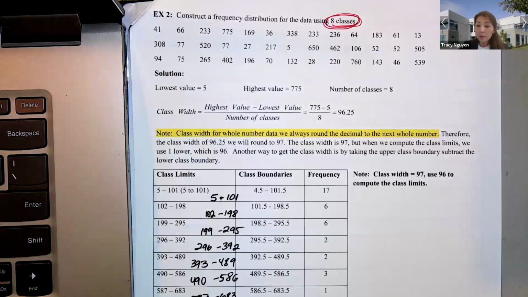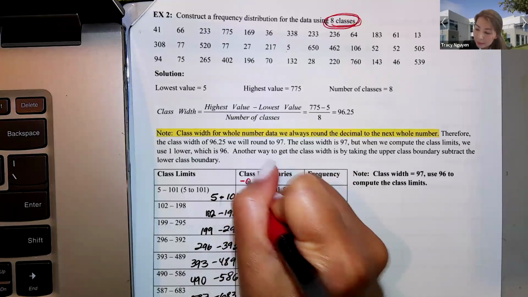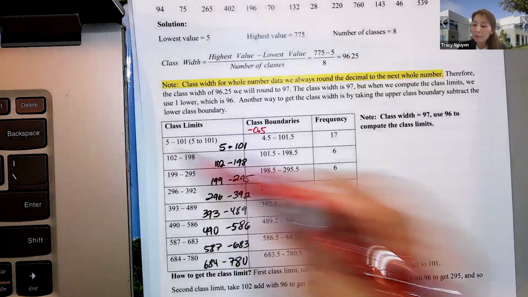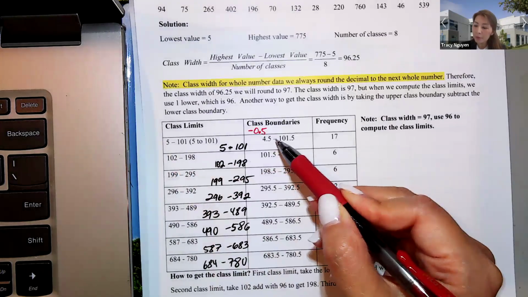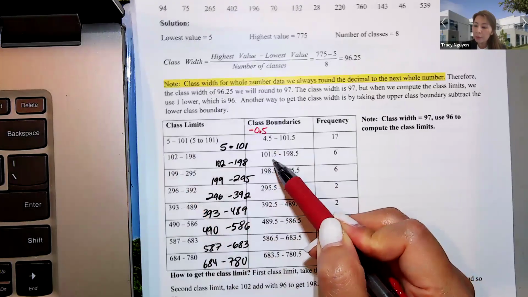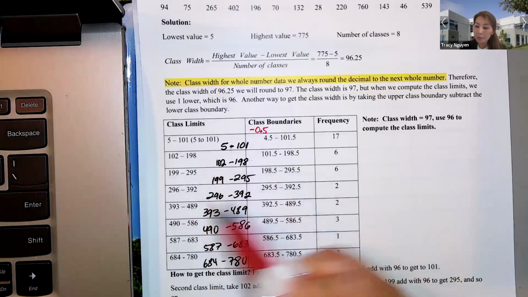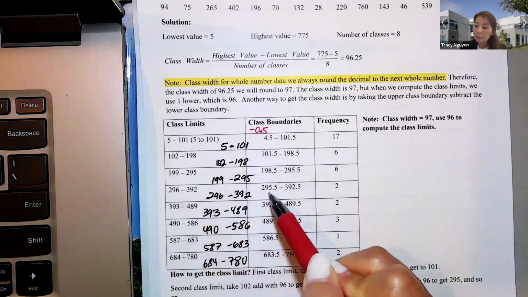So if you take 5 minus 0.5, you get 4.5. 102 minus 0.5, you get 101.5. 199 minus 0.5, you get 198.5. 296 minus 0.5, you get 295.5.